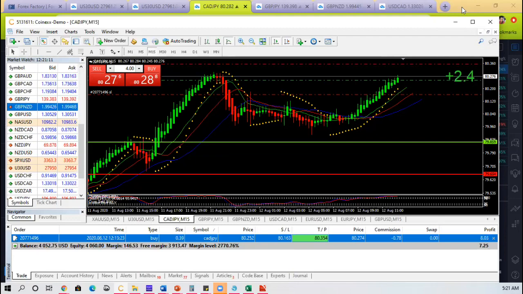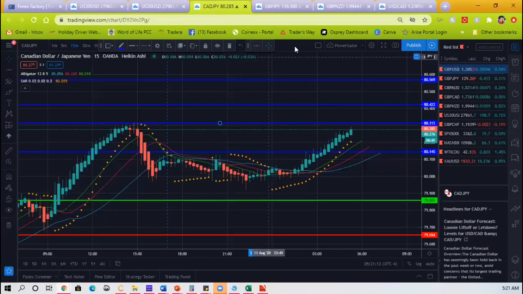Let's go back to TradingView. Okay, and we can see that it's running up to this support and resistance line. Now, that number for the support and resistance line is 80.313.